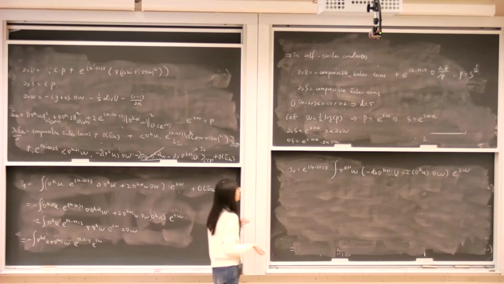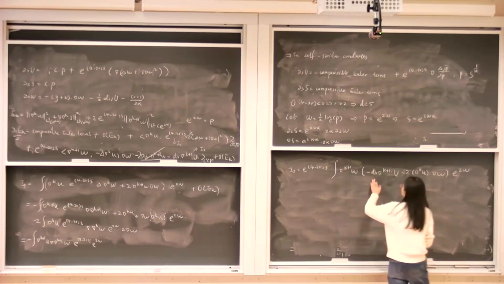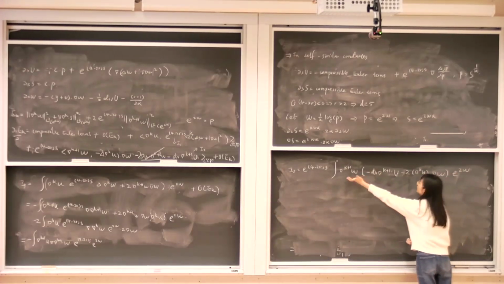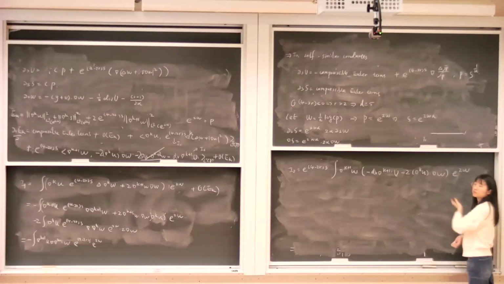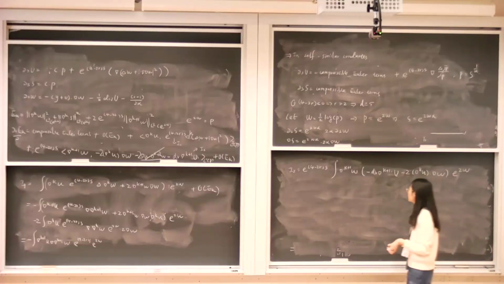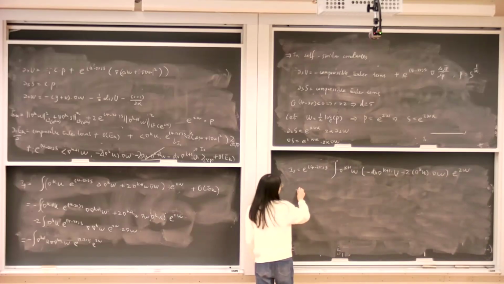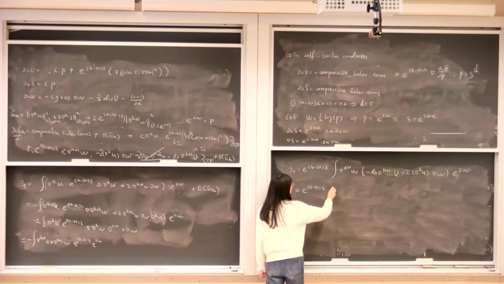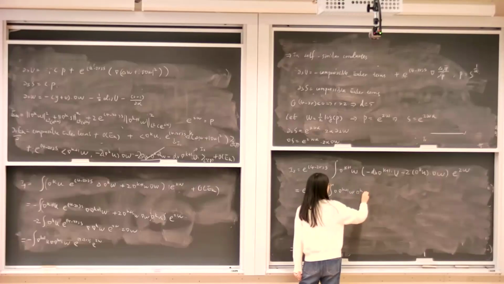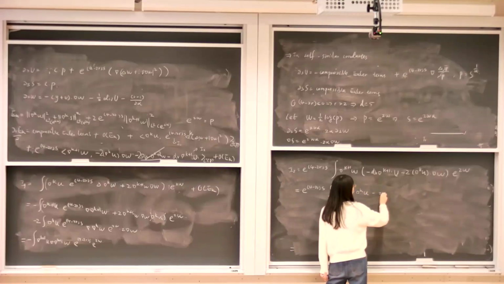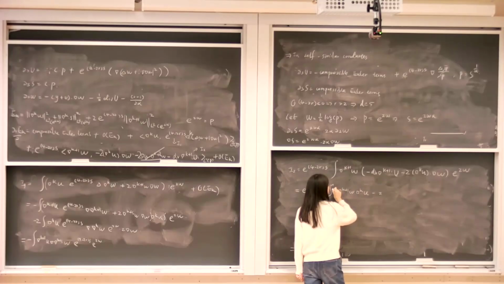So this, you still use the integration by parts, right? You put this divergence into here, and then e to the 2W will give you a term that cancels this part. So this gives you e to the two.